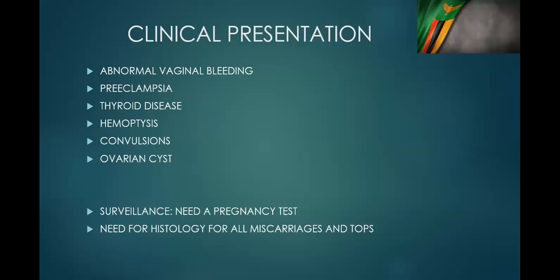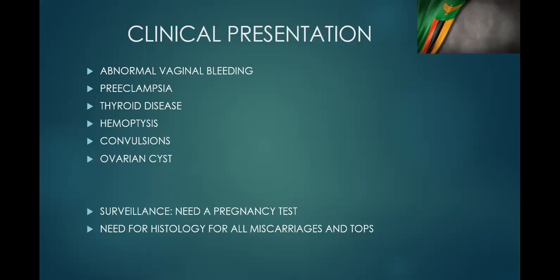So at the moment, it's advised that if you have somebody who has had an incomplete abortion, somebody who has a termination of pregnancy, it's advisable that every one of these patients gets a pregnancy test 3 weeks after a miscarriage, after a missed abortion, after any pregnancy event.